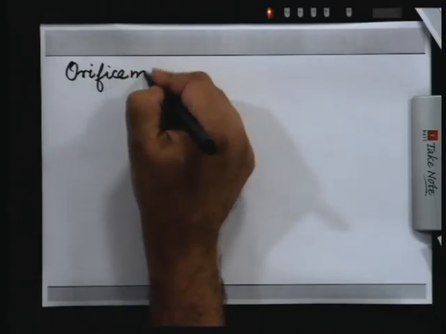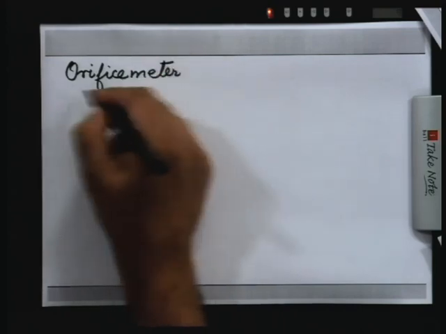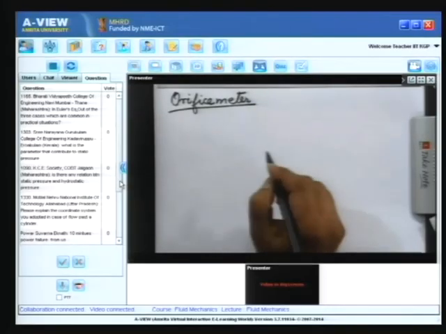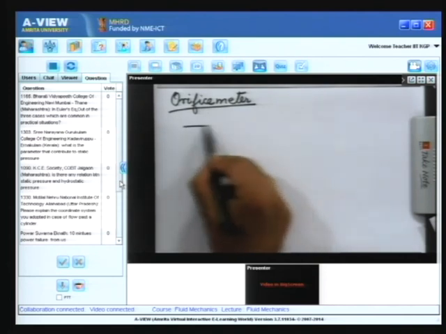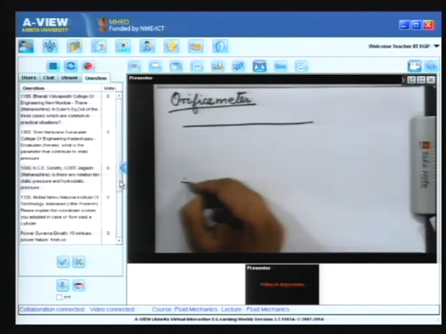So, let us look at the principle of an orifice meter. So, here what you have is a sudden contraction in the duct.